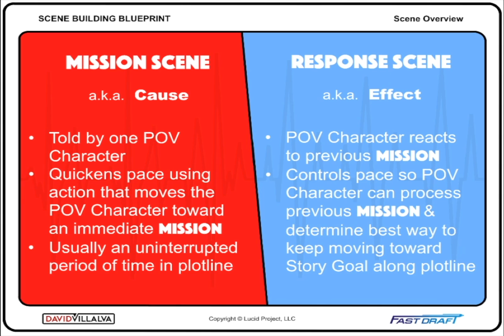And the point of view character is going to determine the best way to keep moving toward the story goal. All scenes are going to be connected to the story goal. But right here is where your point of view character has to figure out what to do next. Basically, inside of a response scene, they're just trying to figure out what the next mission is going to be.